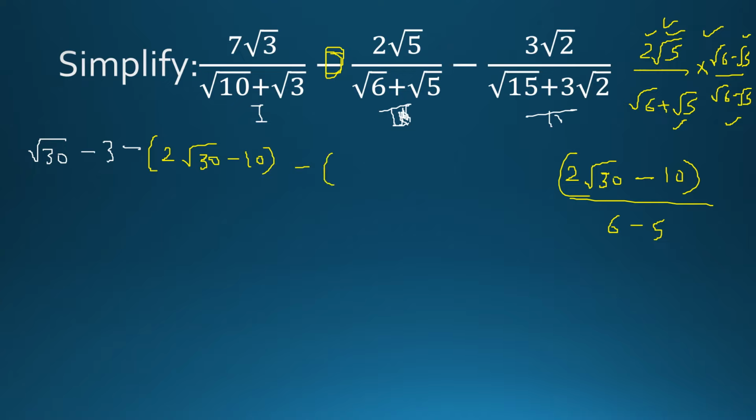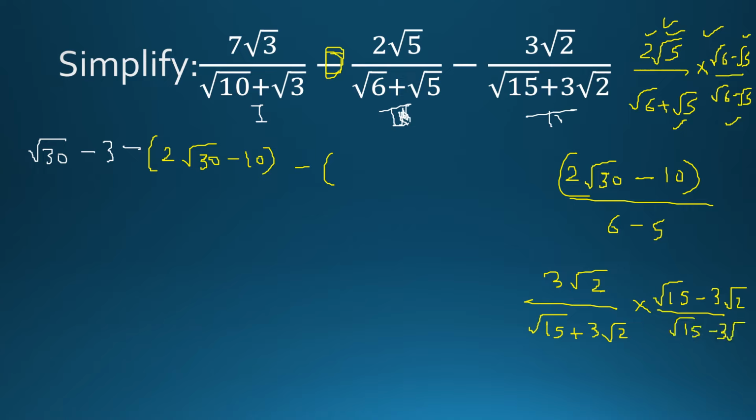Now next up, 3 root 2 divided by root 15 plus 3 root 2. If you multiply it with its conjugate, that is with minus sign, you will get, see, 3 root 2 into root 15, 3 root 30 minus 3 3s are 9 and root 2 and root 2, 2, so 9 2s are 18.